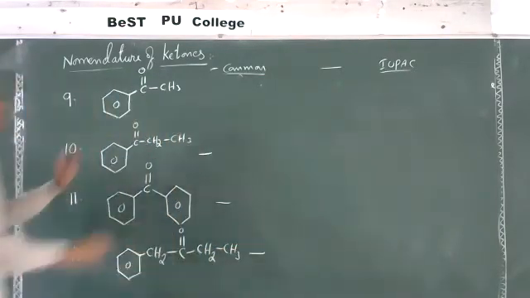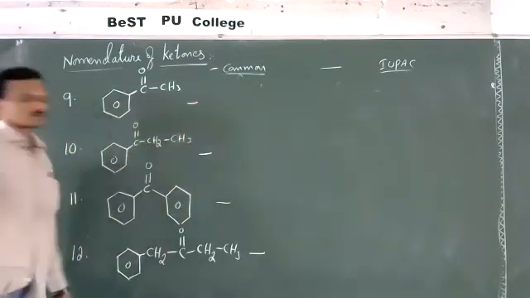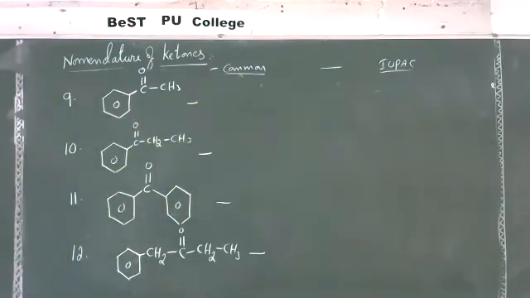Right. So these are some examples for aromatic ketones. Okay, means the carbonyl group is attached to an aromatic ring.